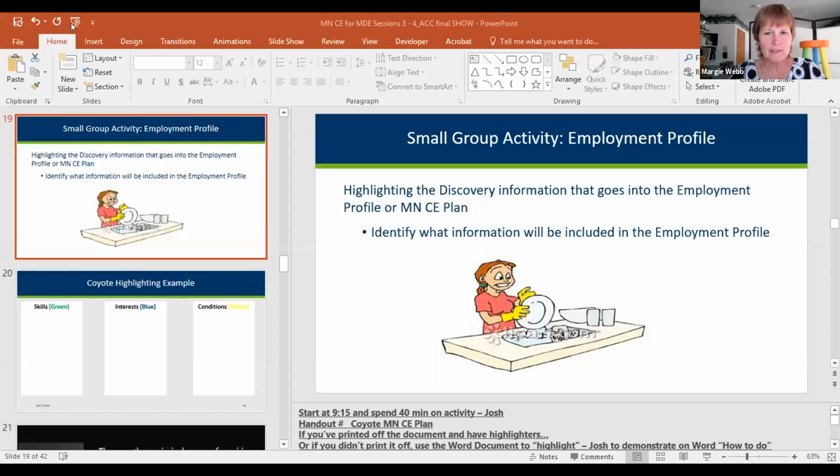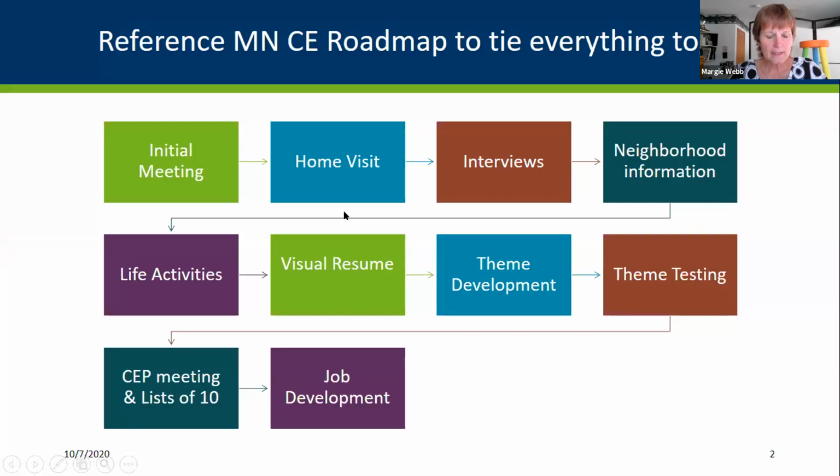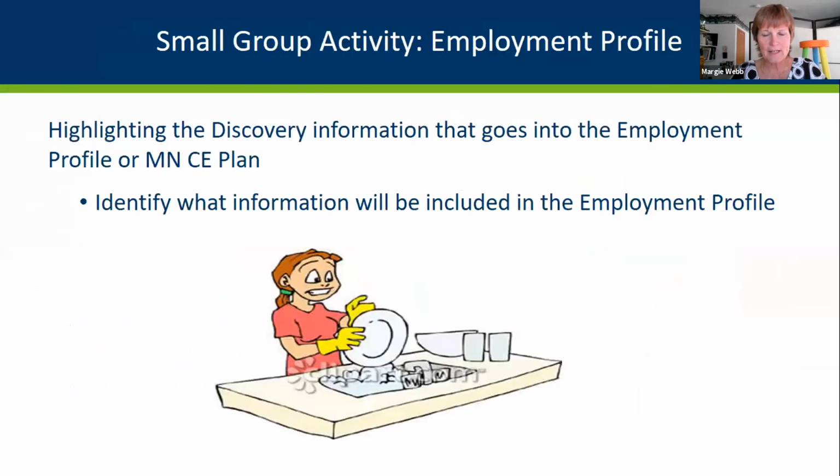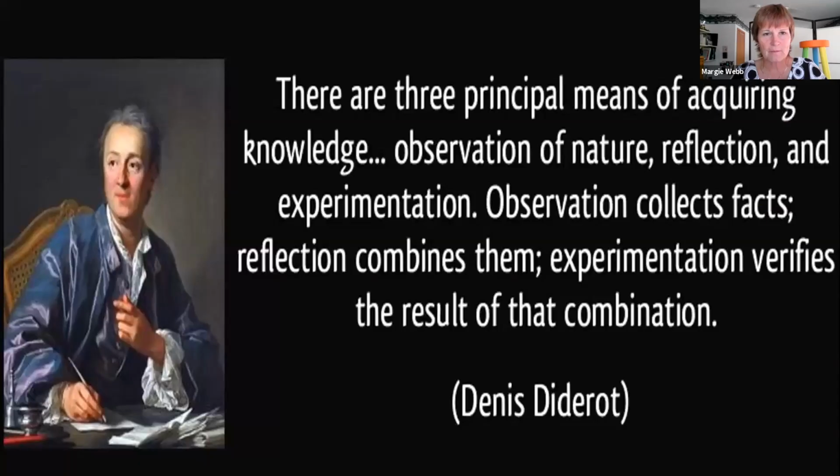Our next slide is a quote from a French philosopher in the 1700s, Denis Diderot. This was during the Enlightenment period, and we'll take a look at the quote here as soon as it comes up. Right here. So this is really important to CE and what we're talking about next in our process here.